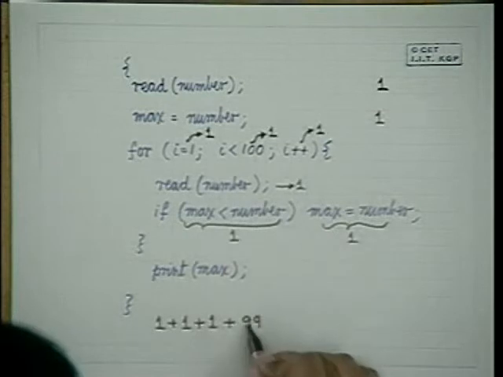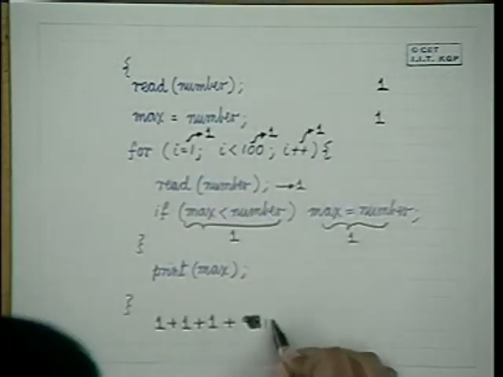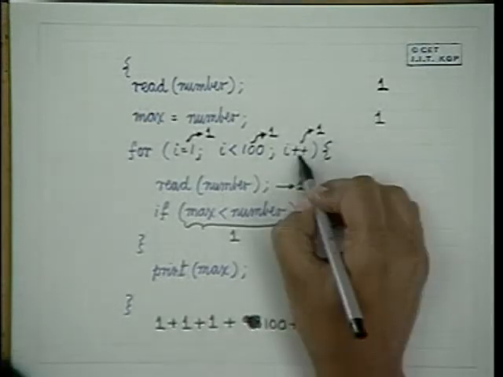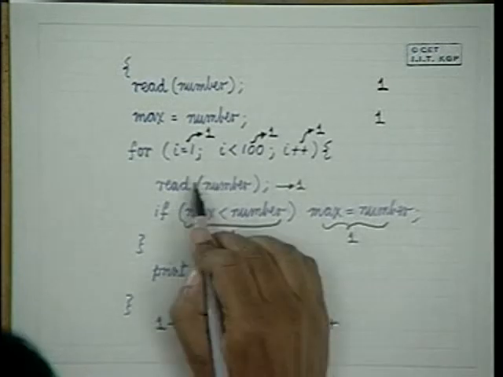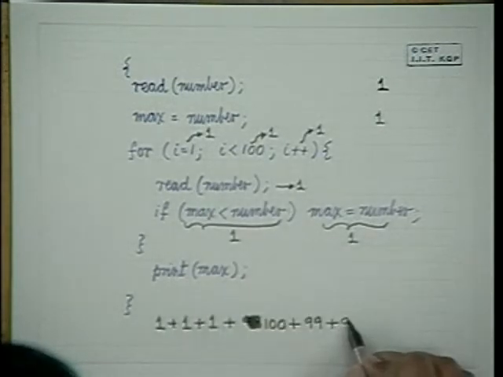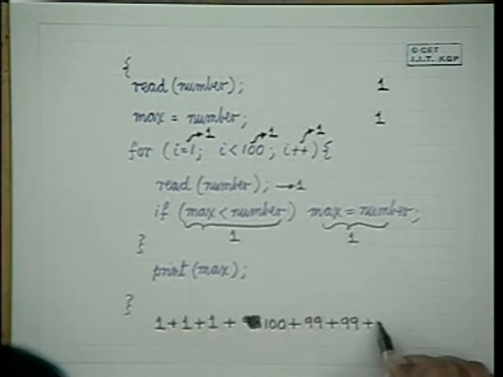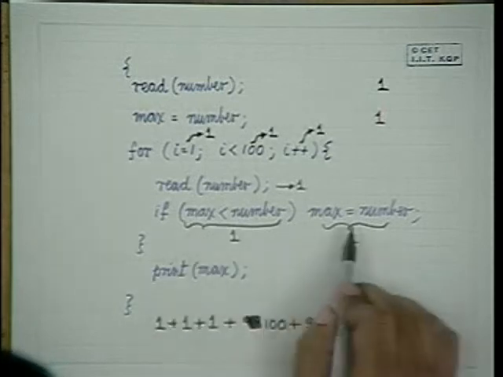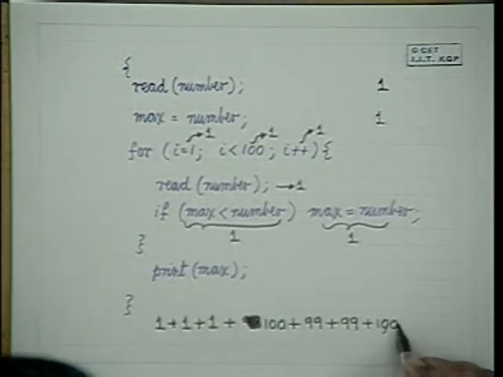I'm sorry, this will be executed 100 times, because the first time it will go and every time it will go. This statement will be executed 99 times. No, this will be executed 100 times. No, this will be executed 99 times.